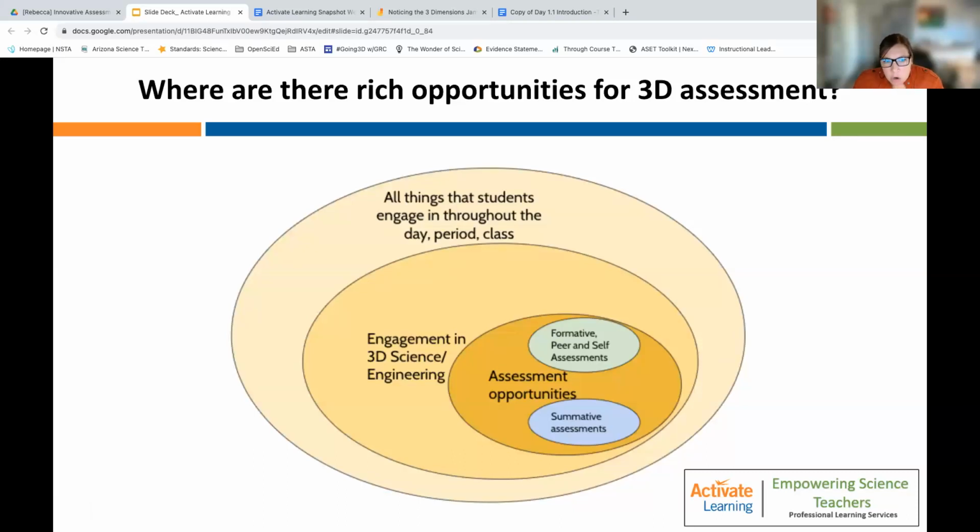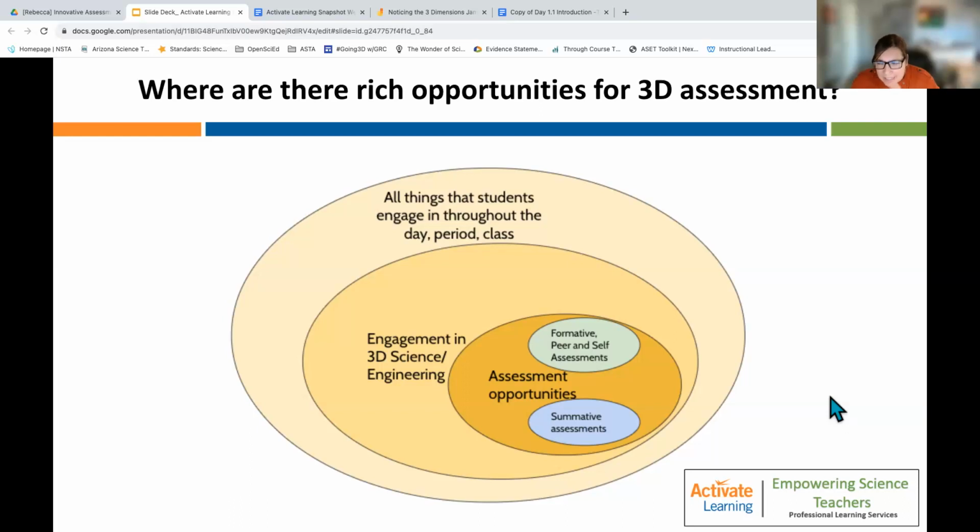There are so many rich opportunities for 3-dimensional assessments during the enactment of high quality instructional materials like OpenSciEd. And so let's look at this visual real quick. So let's look at the outer circle first, right? So this outer circle really represents all the activities the students engage in throughout the day, the period or the class.